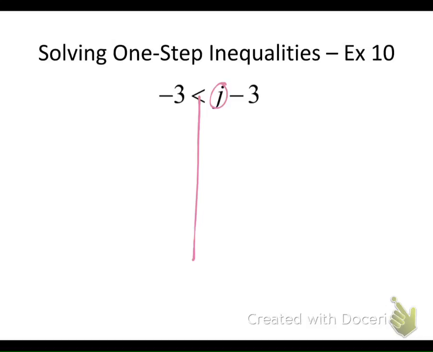So I have j minus 3. How do I get rid of this minus 3? Well, if it looks like this, I would divide because that 3 is touching the j. But is the 3 touching the j here? No. So it's just a minus 3. What's the opposite of subtract? Add. So I'm going to add 3 to each side.